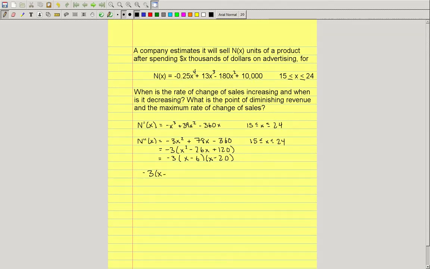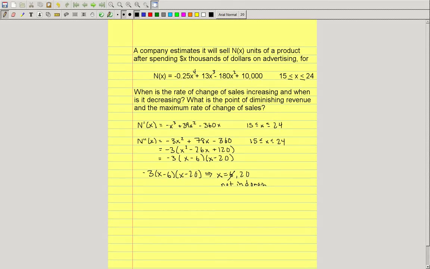Setting this equal to 0, we want to solve for the values of x, and we see right away that x equals 6 and x equals 20 are going to be our critical points of the second derivative. Now, we get to ignore the solution x equals 6 because it's not in the domain. So that leaves us with x equals 20 being the only relevant value.